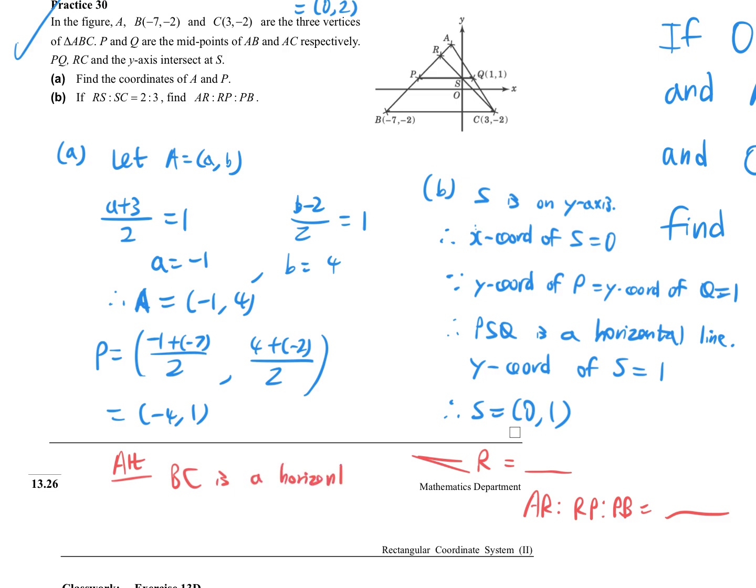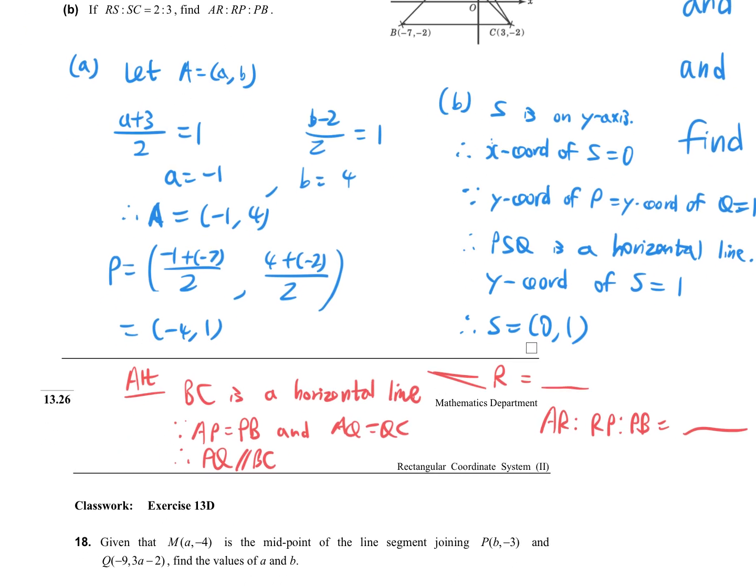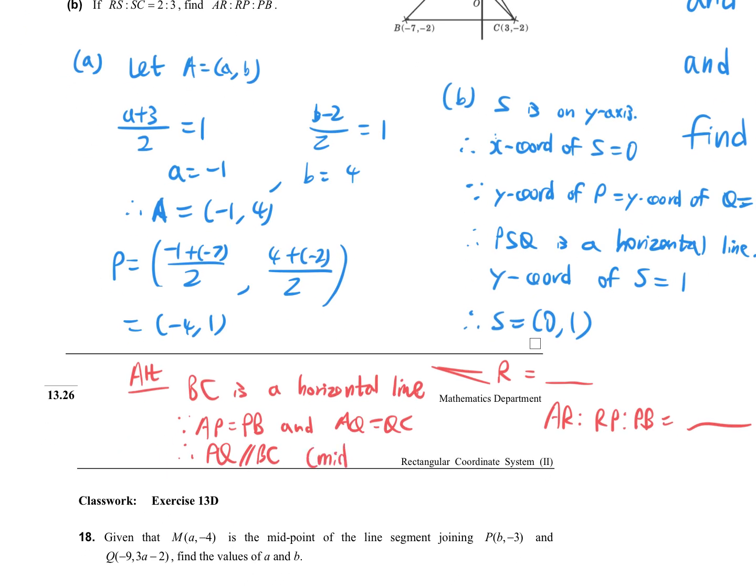If you see that BC is a horizontal line, P is a midpoint, Q is a midpoint, and therefore PQ is parallel to BC by the midpoint theorem, as your classmates have answered, and therefore you can also justify PQ is a horizontal line this way.